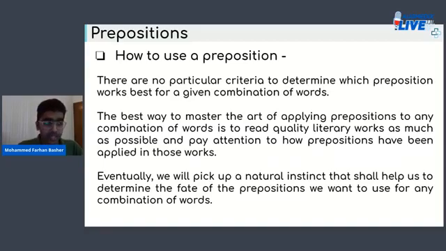And as you read and study English more, you pick up some natural instincts that will always help you to apply prepositions in appropriate places. Okay, right? And that is not just the case with prepositions, but with every other chapter in English grammar. So the best way to actually learn English is not just to learn the rules, but to be exposed to it as much as possible.